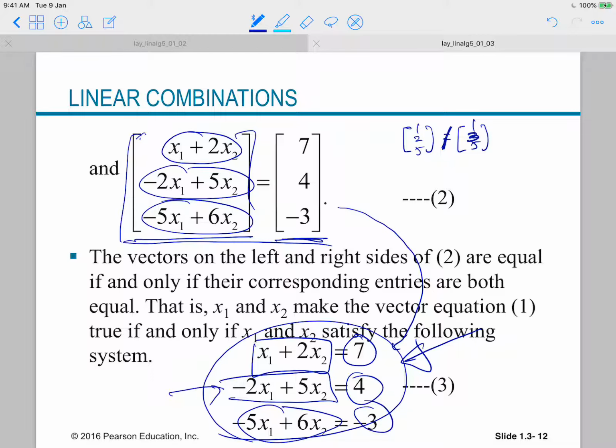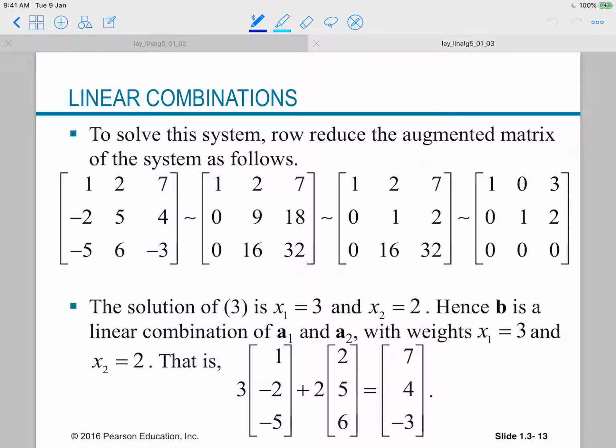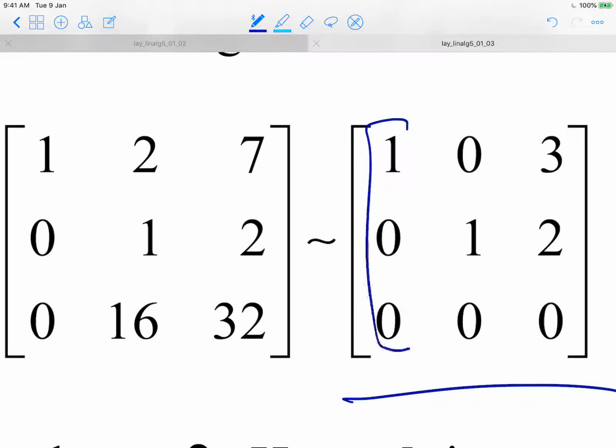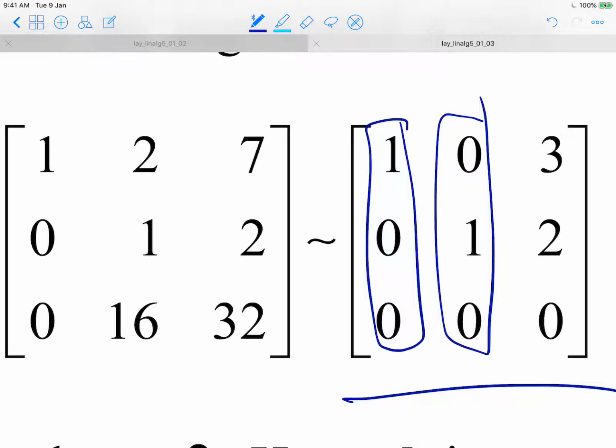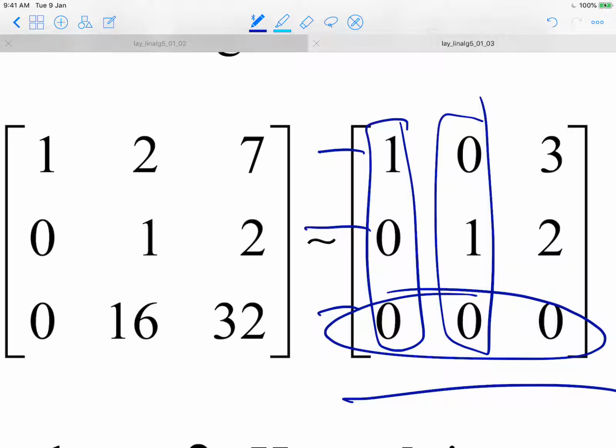So we perform Gaussian elimination, and then this is our reduced echelon form, right? And here, fortunately, we have two vectors, so two variables, but three equations. But fortunately, we didn't have any pivots over here, right? Because we don't have a pivot on the last column, we know that this has a solution.